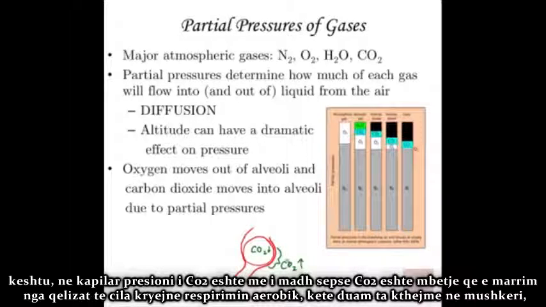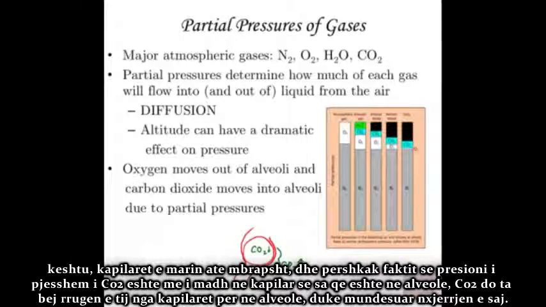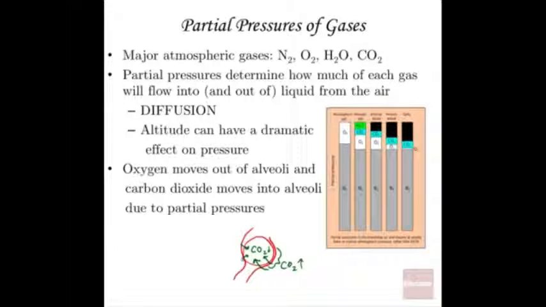You want it to go back to the lungs, so your capillaries are taking it back into here, and because the partial pressure of CO2 is greater in your capillary than it is in here, the CO2 is going to make its way from the capillaries into the alveolus, allowing you to exhale it. And it's the opposite flow with oxygen because the partial pressure is flipped with that gas.